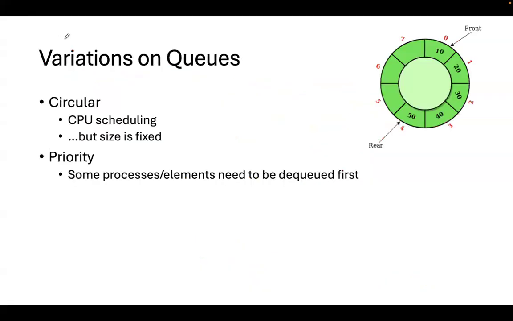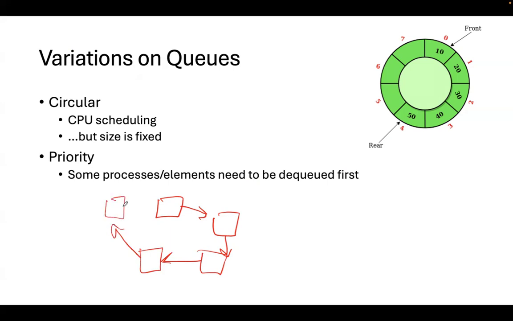I want to spend the last few minutes talking about some variations. So when I brought the boxes for the linked list, I remember one of you had a linked list kind of like this. This is what we call a circular queue, where if things need to happen repeatedly, then we maybe have a structure like this, where there is the front and there is a rear of the queue.